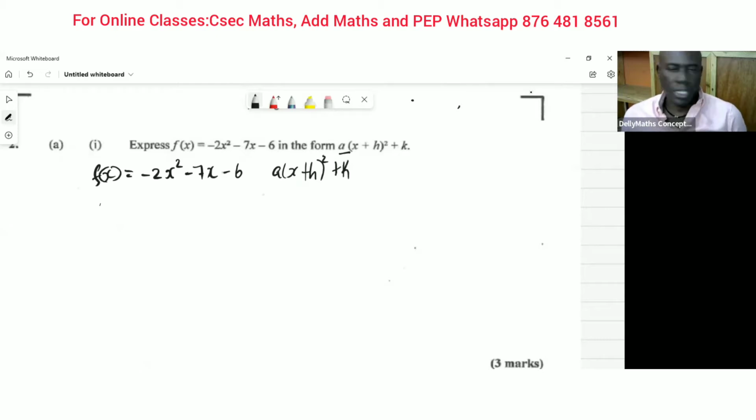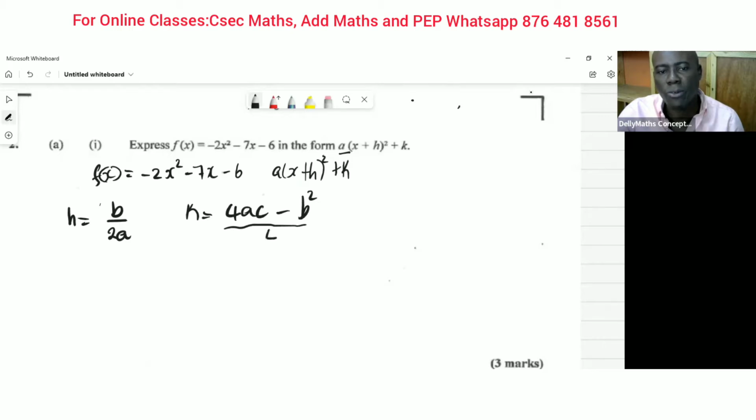There are many ways we can do this, so I'm just going to take it from one angle. I'm going to use a formula to get out h and k, and then we do some explanation. In this format, we can quickly find a value for h by using this formula: h is equal to b over 2a, and k can be found by using 4ac minus b squared all over 4a.